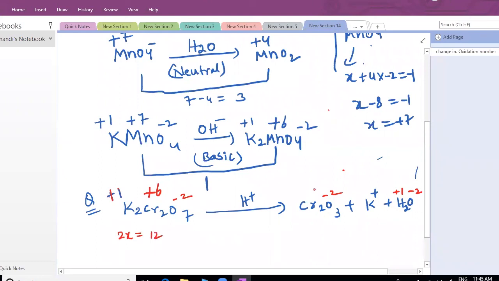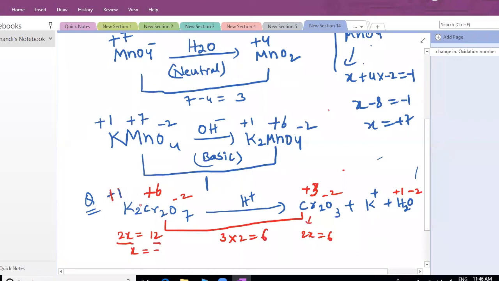What's the difference here? For 2 chromium, 3 into 2 is 6. Otherwise, you can take 2x equal to 12 and 2x equal to 6. The difference you will get is 6. Any one method you can apply.